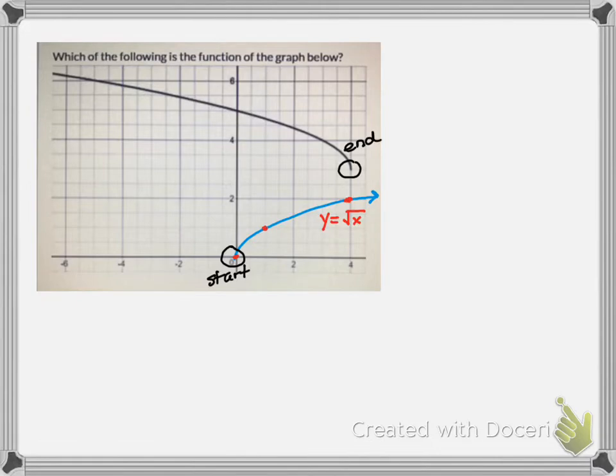So at a glance, we can tell that the graph has moved over 4 units to the right, and then that point went up 3 units.